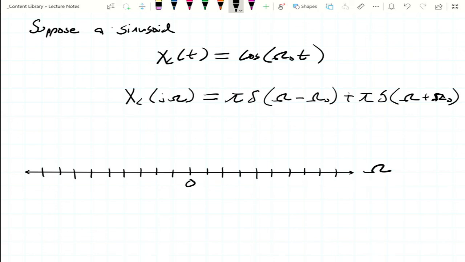Call that 0. I'm going to draw them as different colors just to make it more obvious. We'll say the green one is at omega naught, and the orange one is at minus omega naught. So that's our x sub c of j omega.